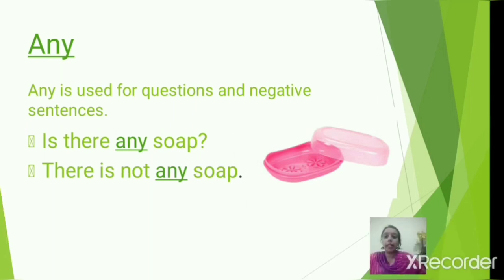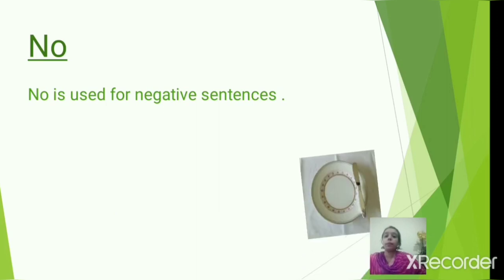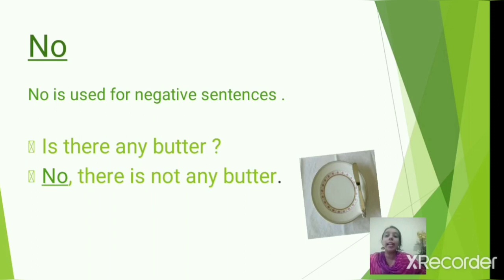Now I am moving to the next determiner, no. No is used for negative sentences. Is there any butter? Students, tell me, is there any butter in the plate? No, there is not any butter.